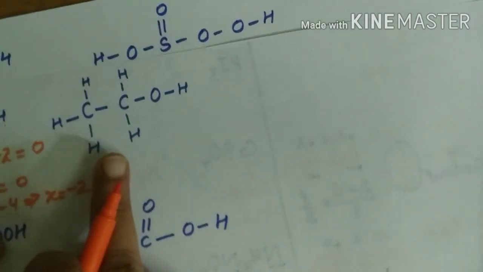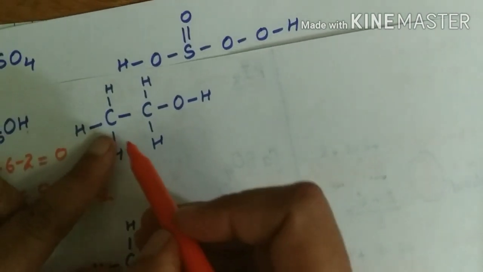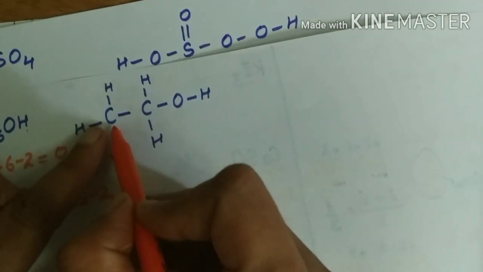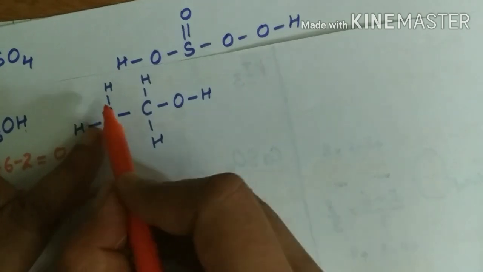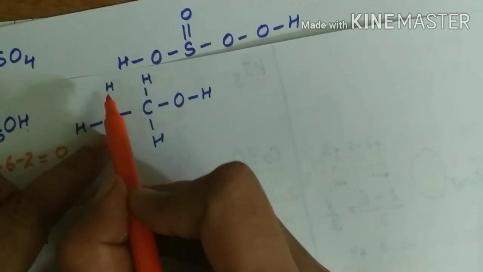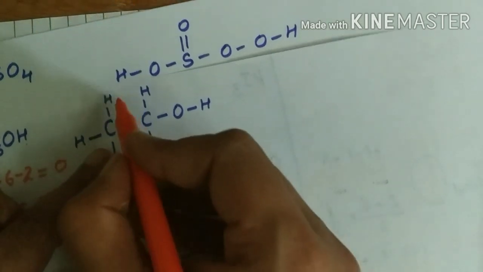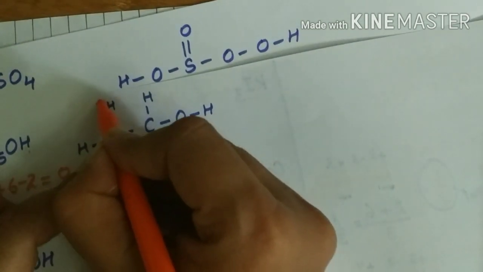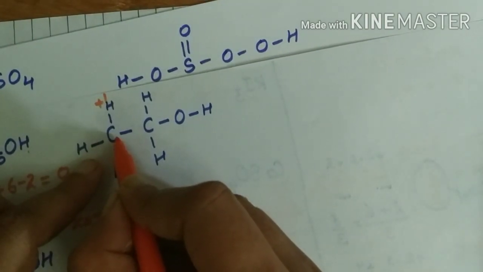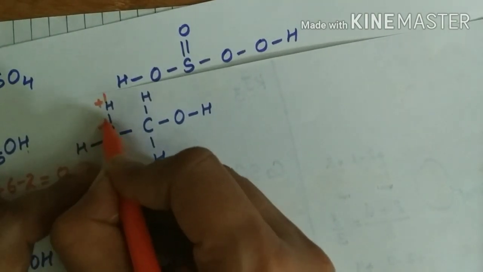Now from the structure, how can we find out? Look at this carefully. For each bond we will assign the oxidation state. For a single covalent bond, the element which is less electronegative is assigned +1 oxidation state, and the more electronegative one is assigned -1.